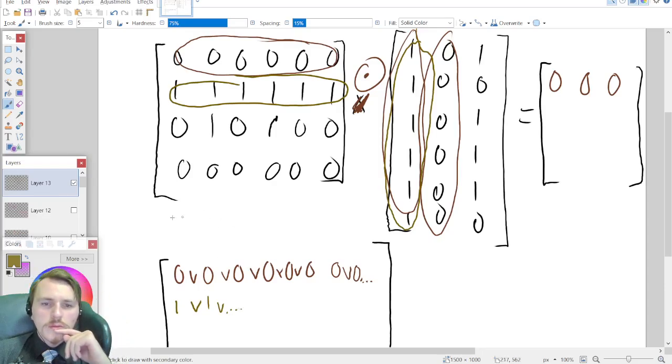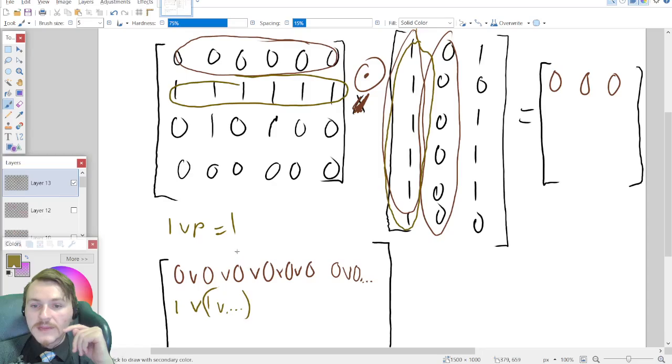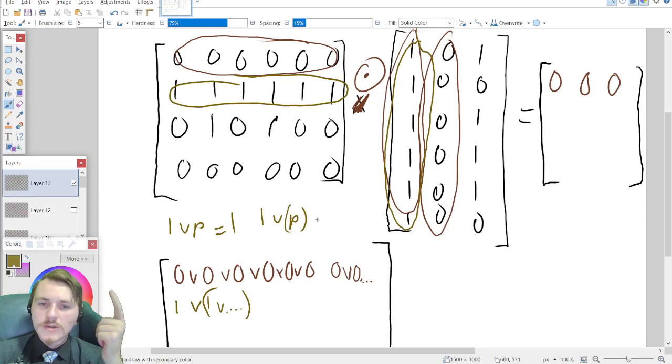Well, what's 1 or P? It's 1, right? P in this case could be everything past the first item, all disjuncted together. If we know one of them is true, the resulting thing is going to be true. It's going to be 1. So we can solve that immediately. I don't need to do that long term.